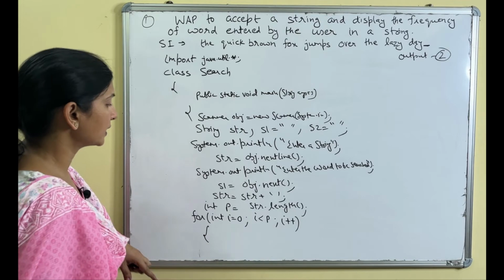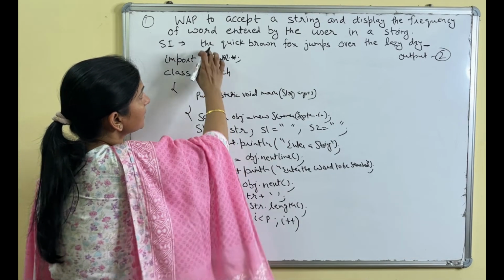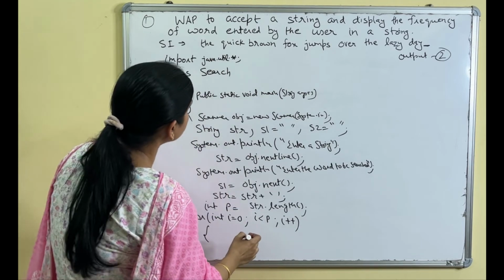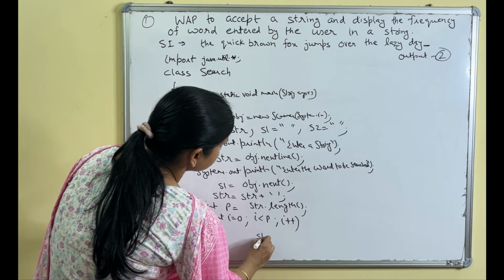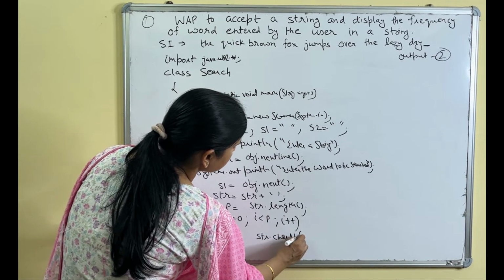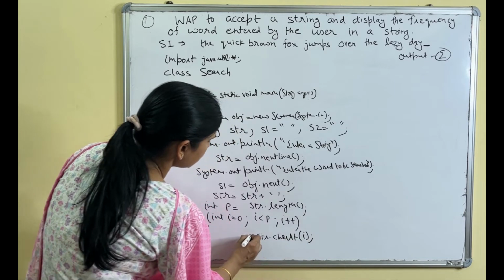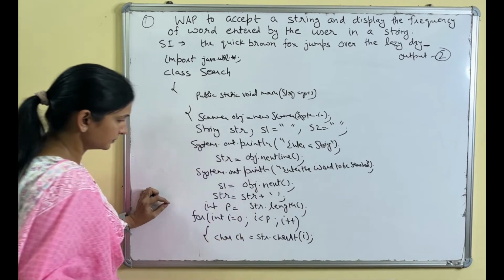So what will we do in this loop? We will extract the character from the beginning. So what is the string? str.charAt(), and in that we will pass i and we will store in ch.